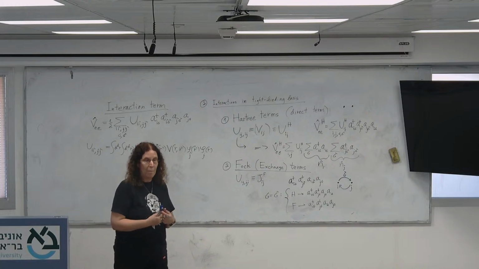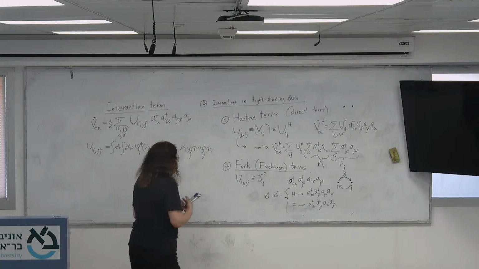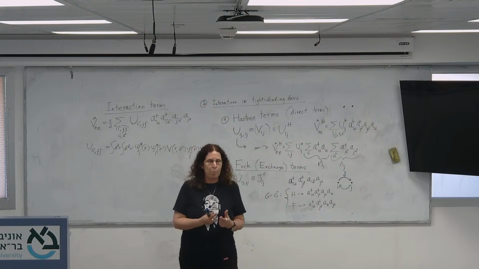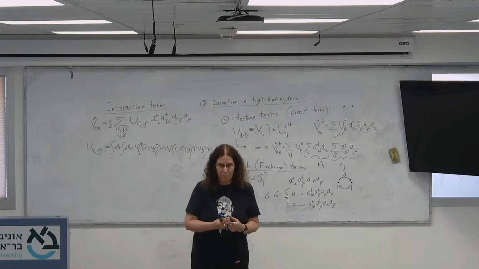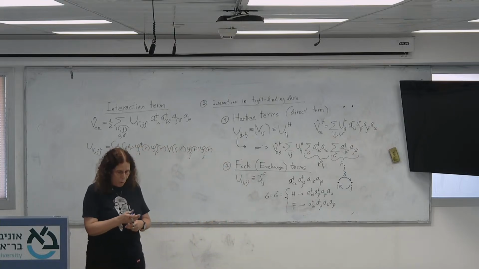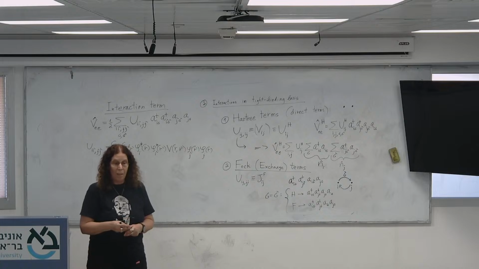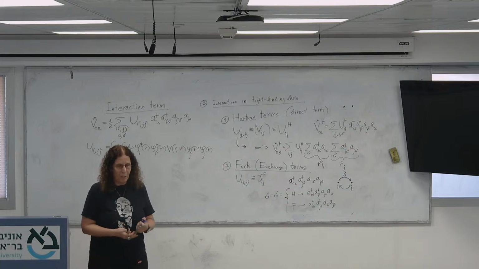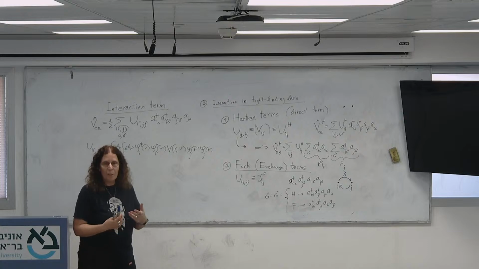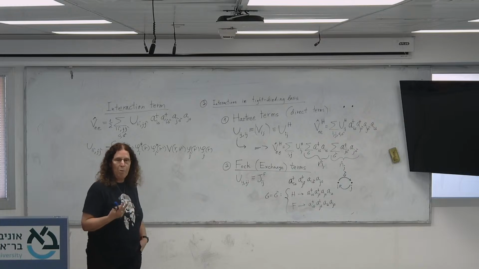Because of that, the system will have a tendency to align the spins. Okay? Because of the Pauli exclusion, which in a sense forces electrons to avoid each other, this is a pictorial way of describing it, it reduces the effect of interaction. But only if they have the same spin flavor. Okay?